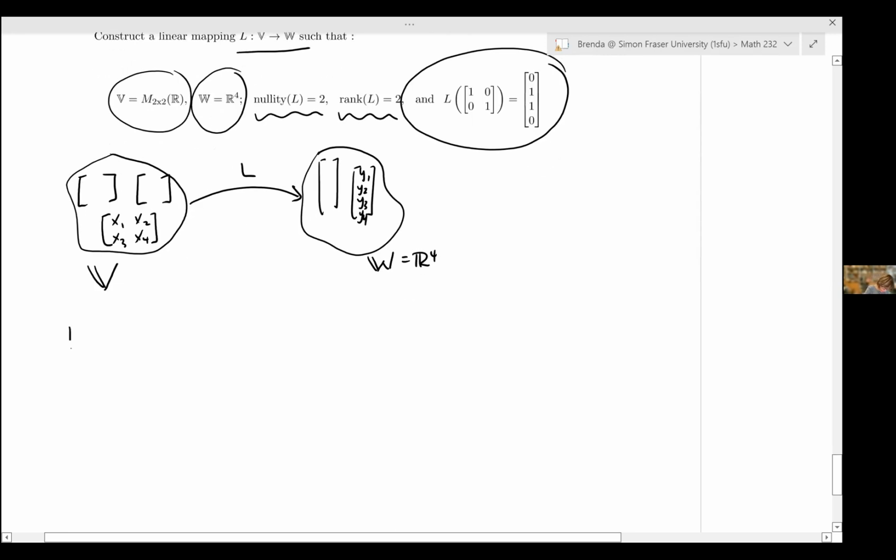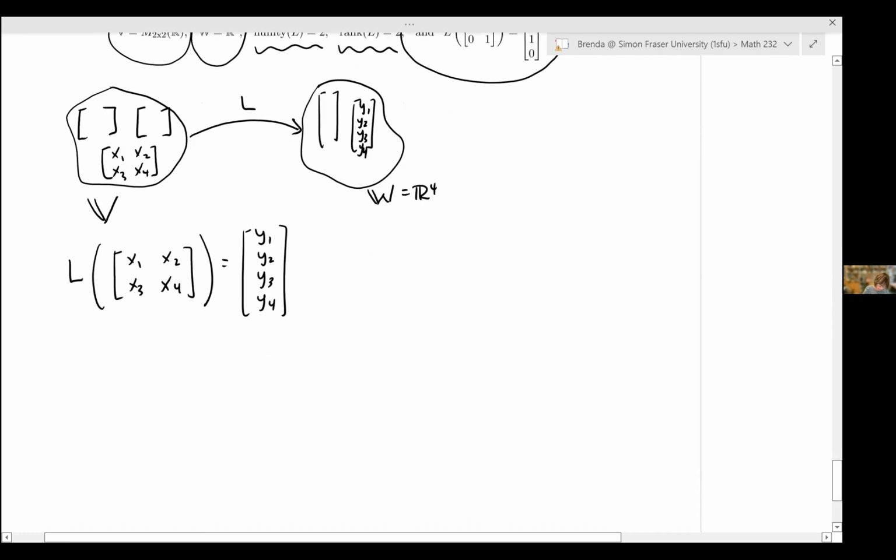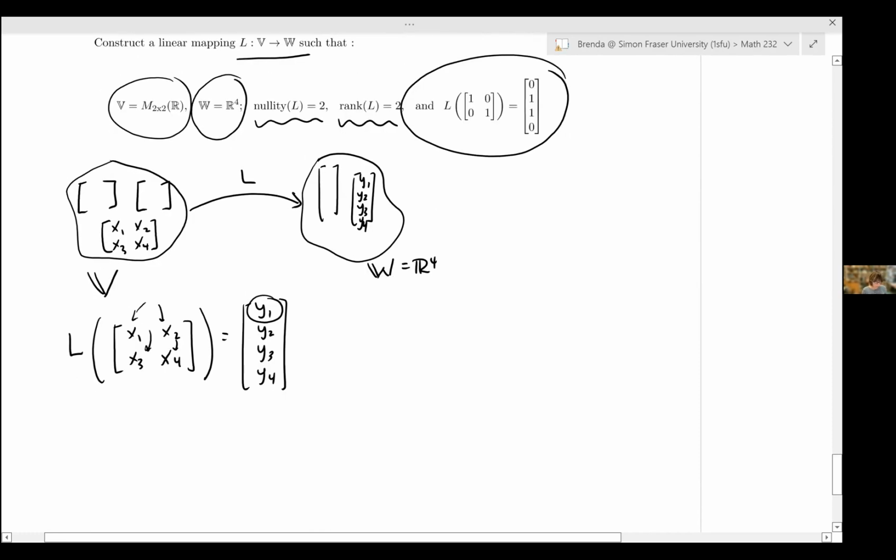So that means if we take L of the general matrix here, x1, x2, x3, x4, we are going to get an output, which I've now called y1, y2, y3, y4. We want to figure out what the rule is, how do I figure out y1 from these 4 inputs, such that the criteria listed at the top are true. The most general case is some linear combination of these inputs.